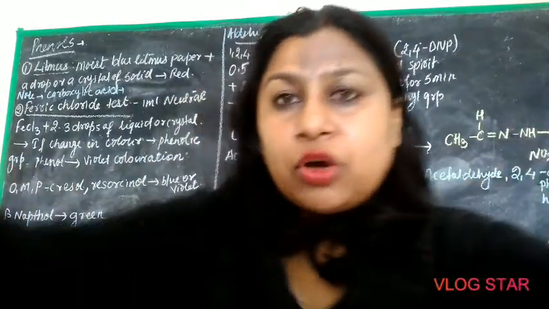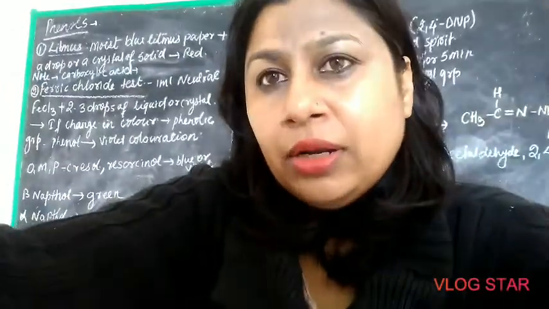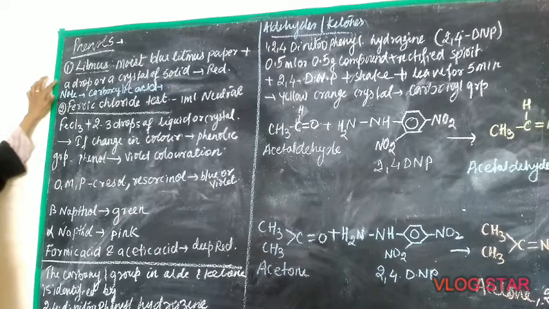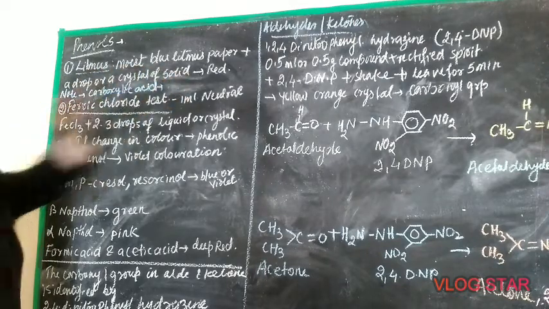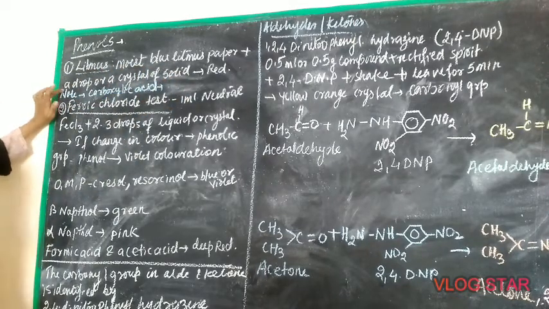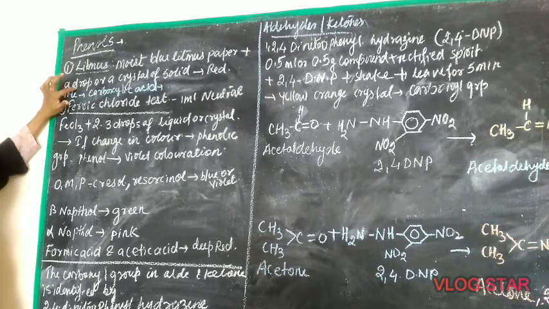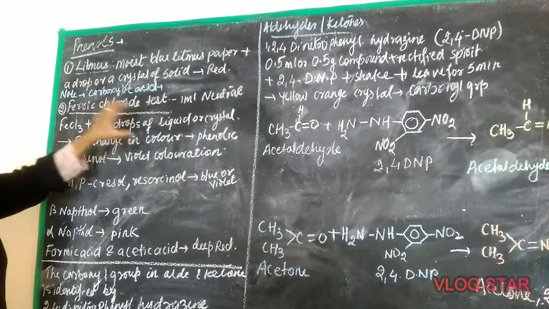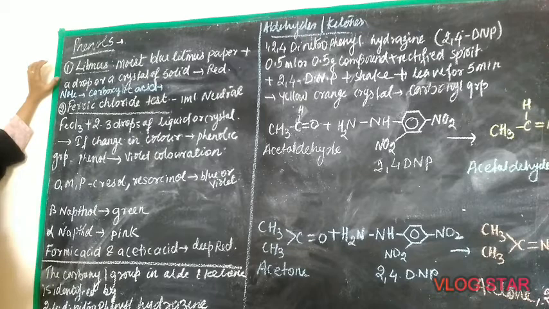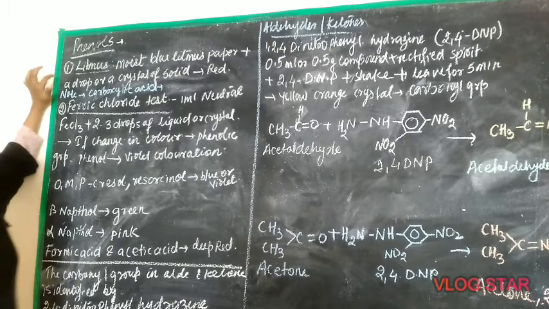Now children, we are going to talk about the tests for phenol. First is the litmus test. Take moist blue litmus paper. On it, add, if liquid, a drop, if solid, a crystal of the given compound.